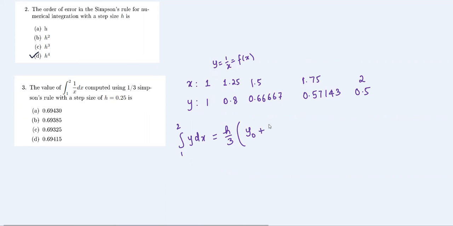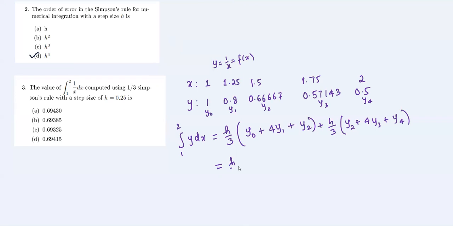So we get 4y1 plus y2 here. This is y naught, this is y1, this is y2, this is y3, this is y4. Plus h by 3 times y2 plus 4y3 plus y4.